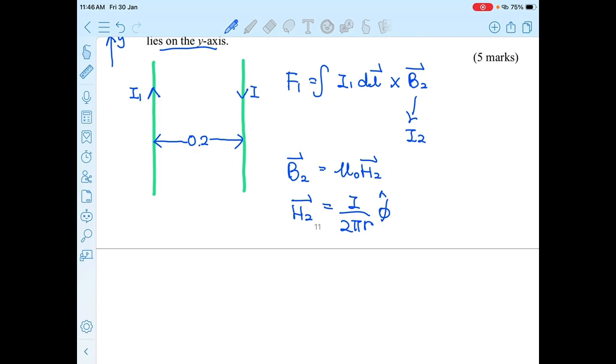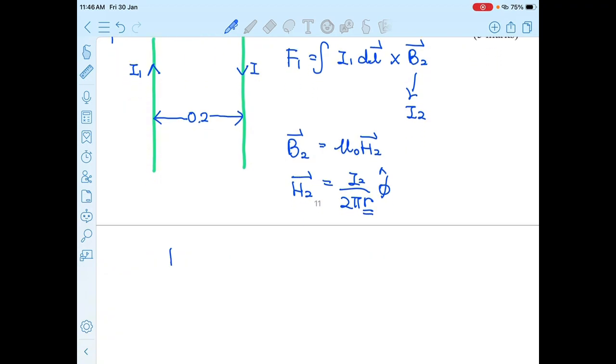Okay, so in this case, this is I2. Okay, and this is the distance. Okay, so let's find it. So B2 is equal to, you can combine, is equal to mu naught 5 over 2 pi r.